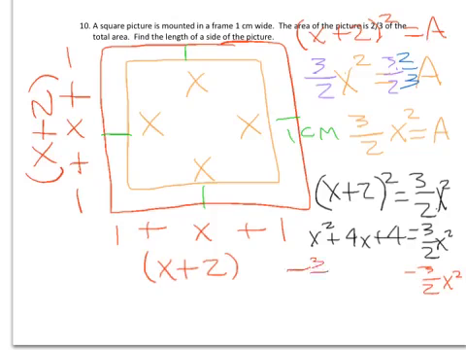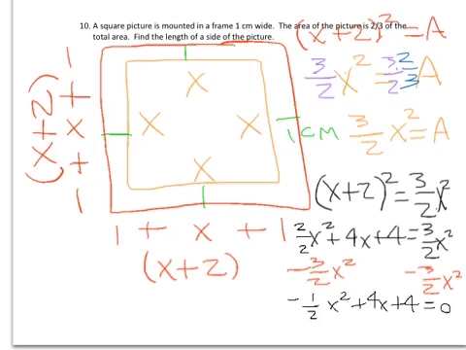And when we're done, you're actually going to use the quadratic formula on 1 minus 3/2. So this is like saying 2 over 2 x squared, so 2 minus 3. So negative 1/2 x squared plus 4x plus 4 equals 0.